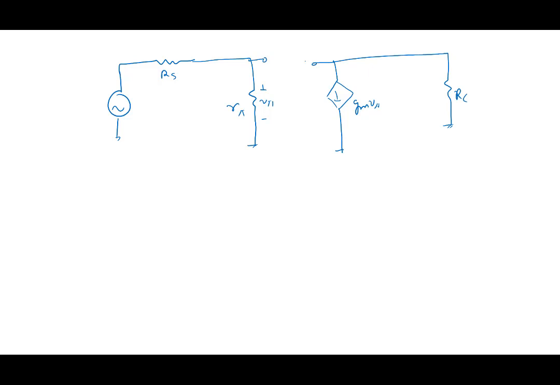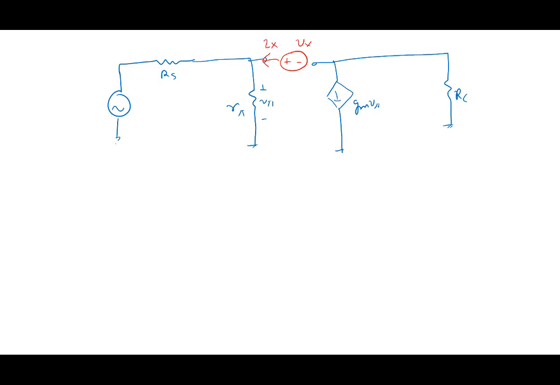Since it's not straightforward, what we need to do is connect a source here. Connect a source plus minus Vx. Find out the current flowing Ix here.